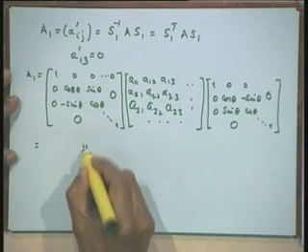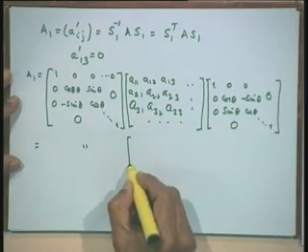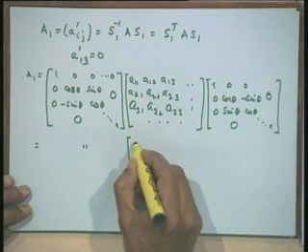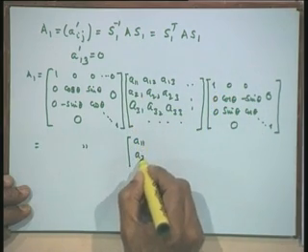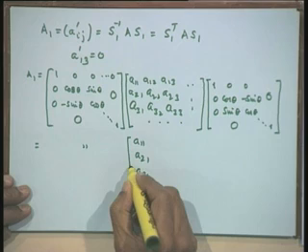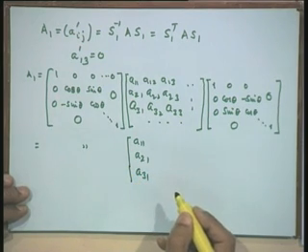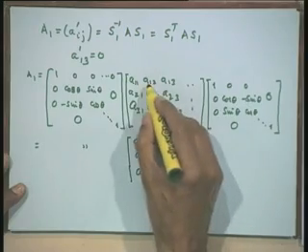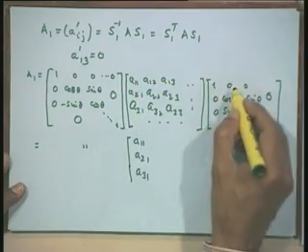Now, let us retain this matrix as it is and let us write down this product. Because this is 1 0 0, the first column remains as it is, A 3 1 remains as it is. Then let us go to first row second column.